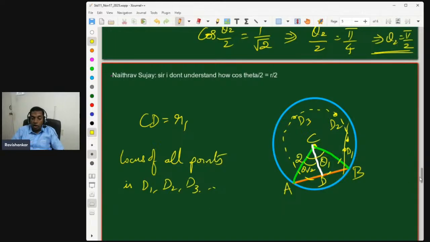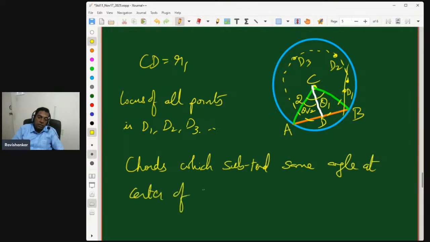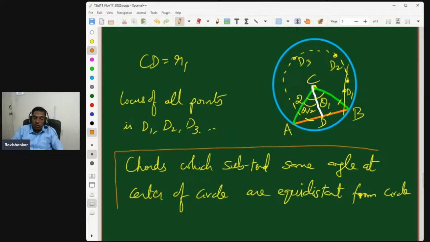So chords which subtend the same angle at the center of the circle are equidistant from the center. This is the theorem that you have learned in 9th standard. Equal chords subtend the same angle at the center. And this theorem is what we are using.